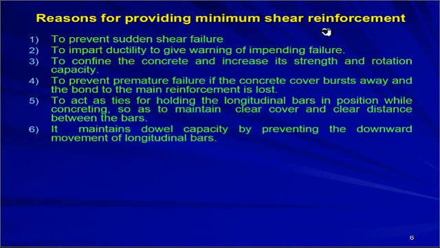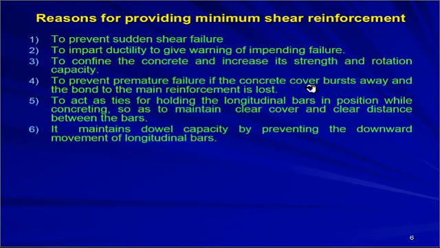Well, reasons for providing minimum shear reinforcement. The first one is to prevent sudden shear failure. Second, to impart ductility to give warning of impending failure. Third, to confine the concrete and increase its strength and rotation capacity.